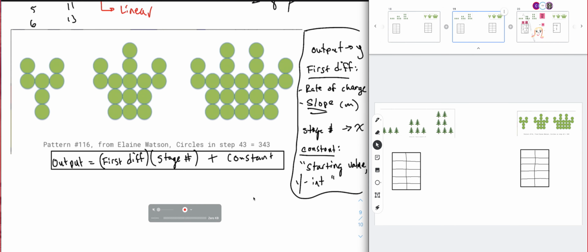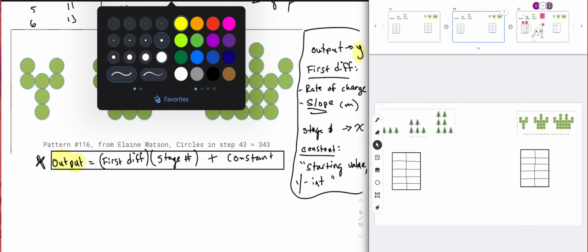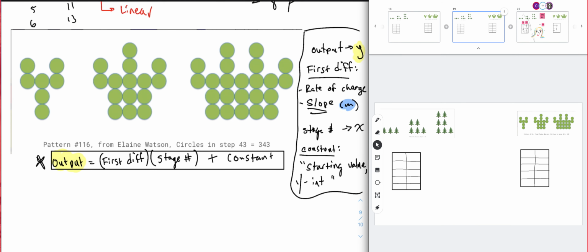Okay? Now, I don't want to write this every single time, nor do you. So what I'm going to do is use some of these shortcuts, right? Where I say output is y. And then I'm going to say the first differences might be the slope, or M, right?